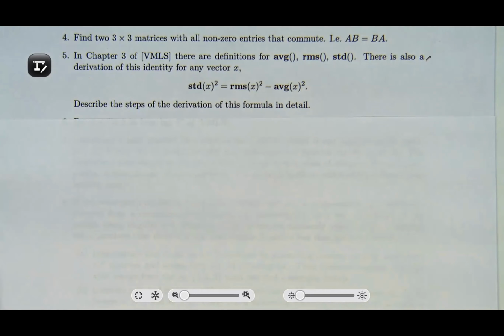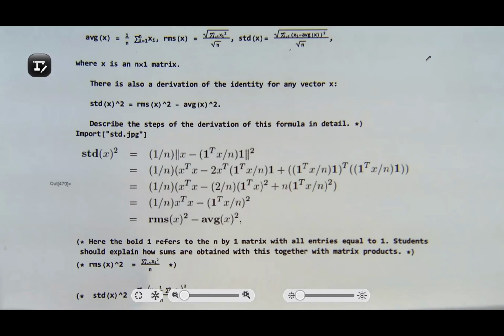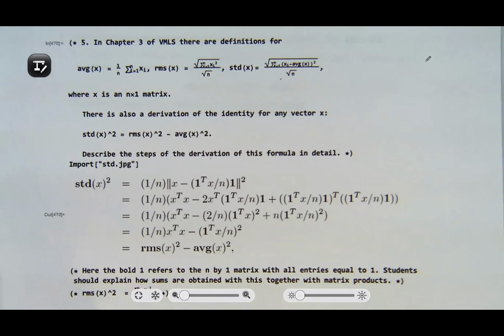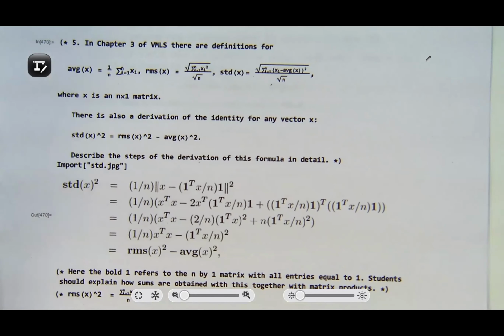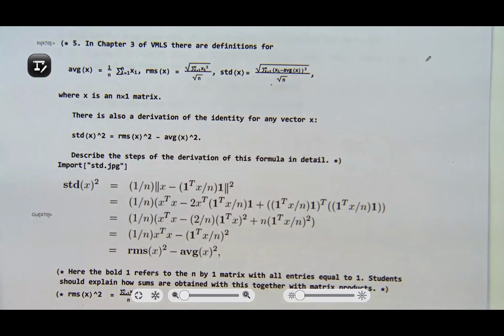And I'm going to show you the definitions, these 3 definitions. All right, here we go. So, all right, now AVG, as the name suggests, that's the average of the elements in the vector x.